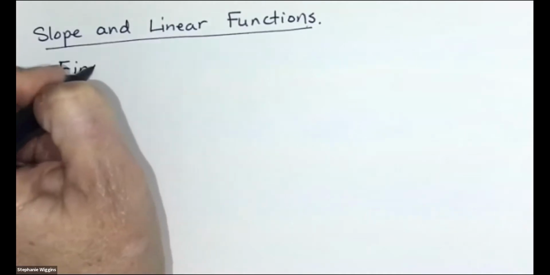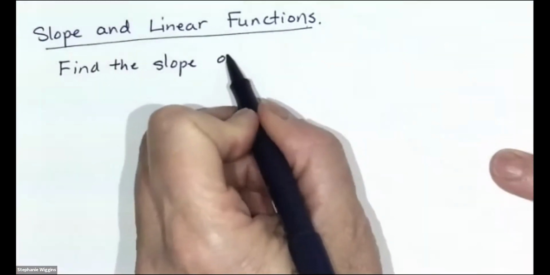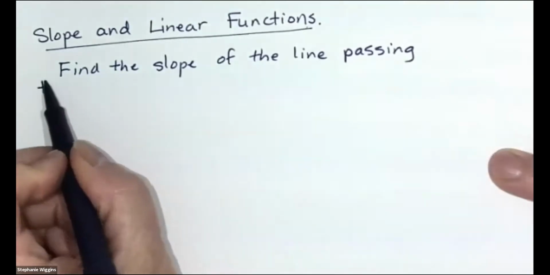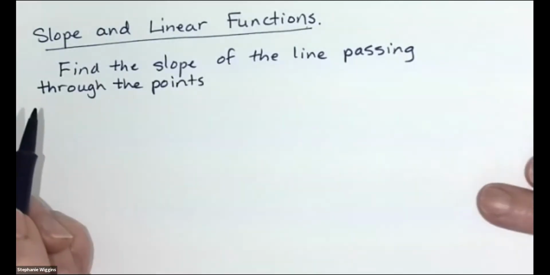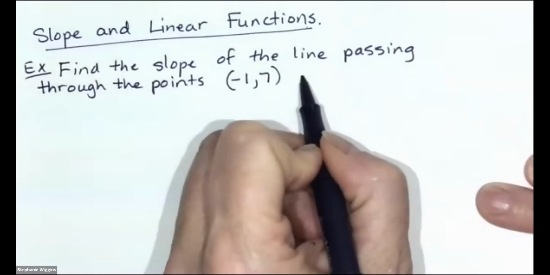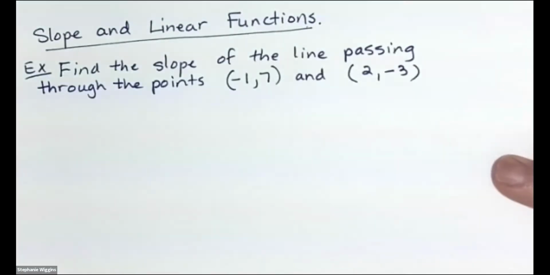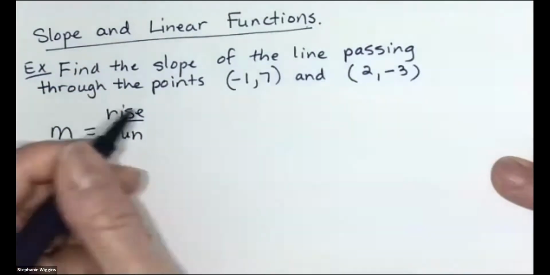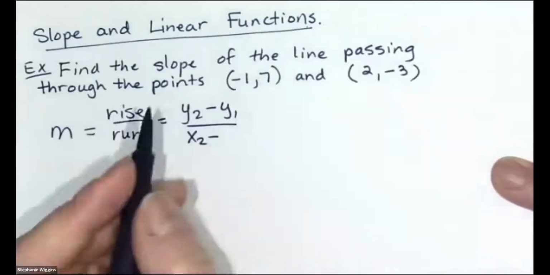So if we want to find the slope of the line passing through the points -1, 7, and 2, -3, there's a formula for finding the slope, and you may recall it's m equals the rise over the run, or the difference between y values over the difference between the x values of the 2 points.